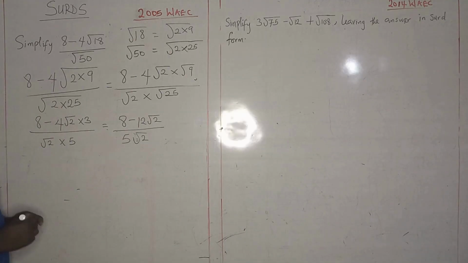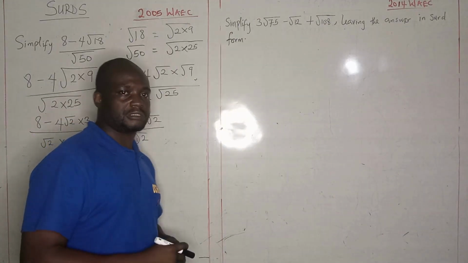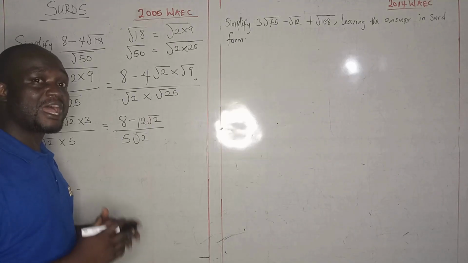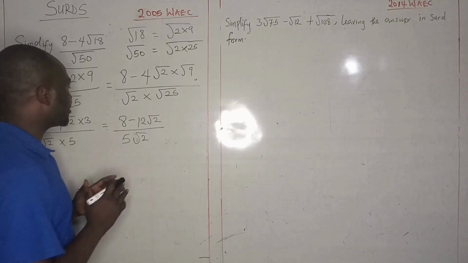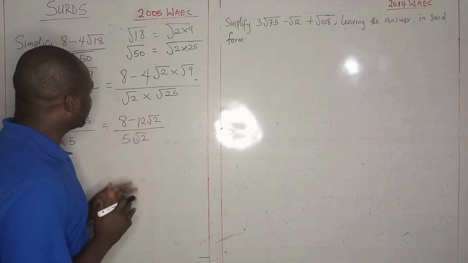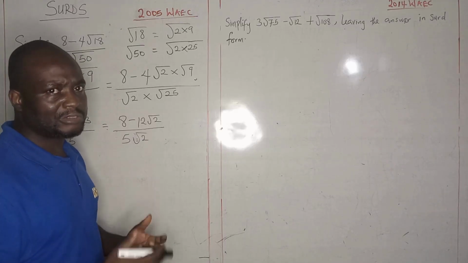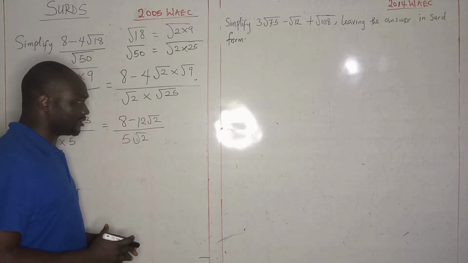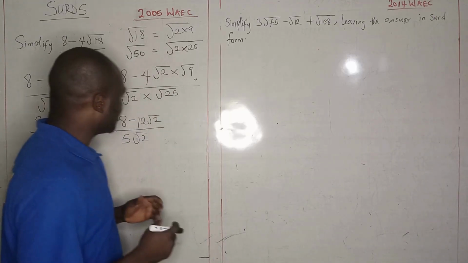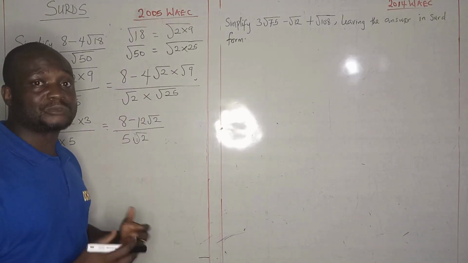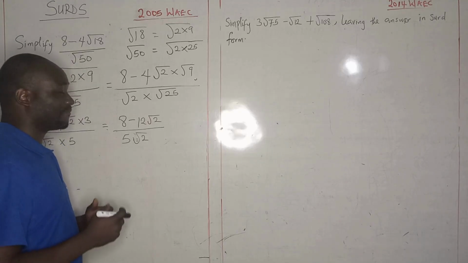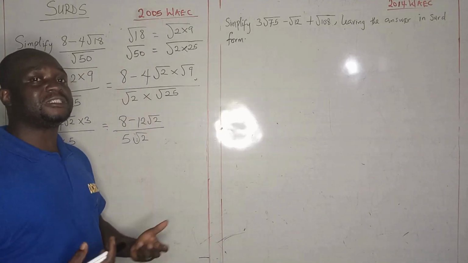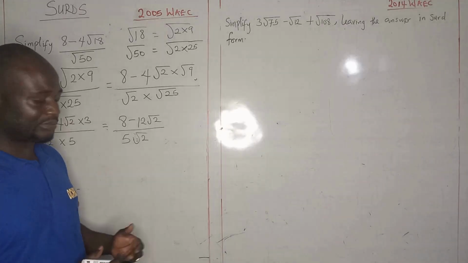But remember, in surds, the denominator must not have any surd number. That is, it must not contain any number that has roots. So what do we do? We rationalize. Now, what does rationalization mean? Rationalization means that we take the number that has the root, we use it to multiply both the numerator and the denominator so that we can eliminate the root from the denominator.